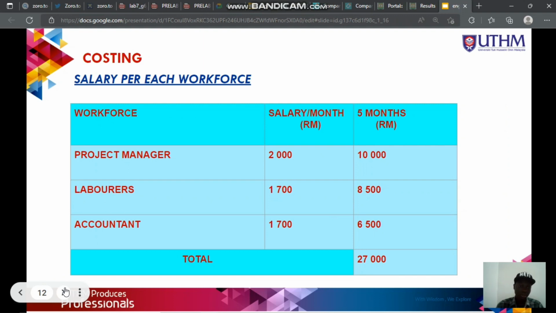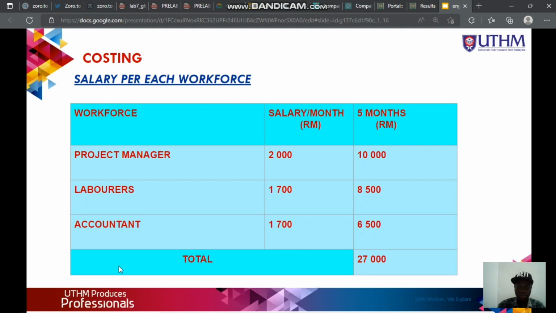In the costing, salary was also included for the workforce that would take part in the completion of our project. We categorized our workforce into 3 categories of people: the project manager, the laborers, and the accountant. The project manager will receive 2,000 ringgit per month as salary, while the laborers and the accountant will be given 1,700 ringgit per month.